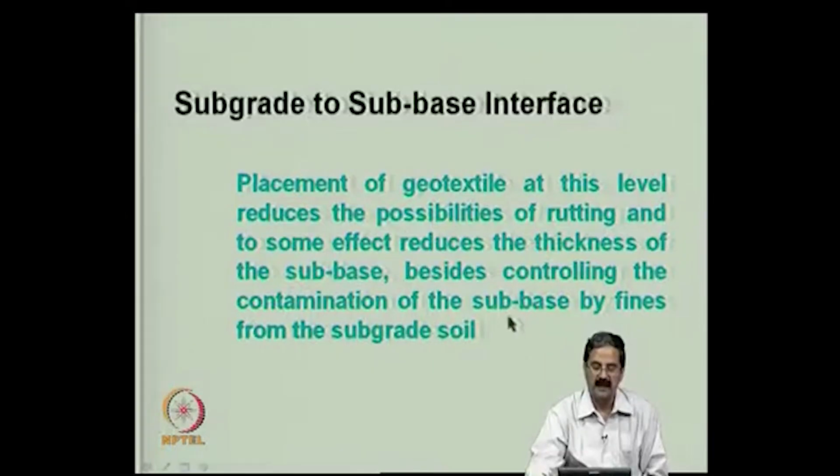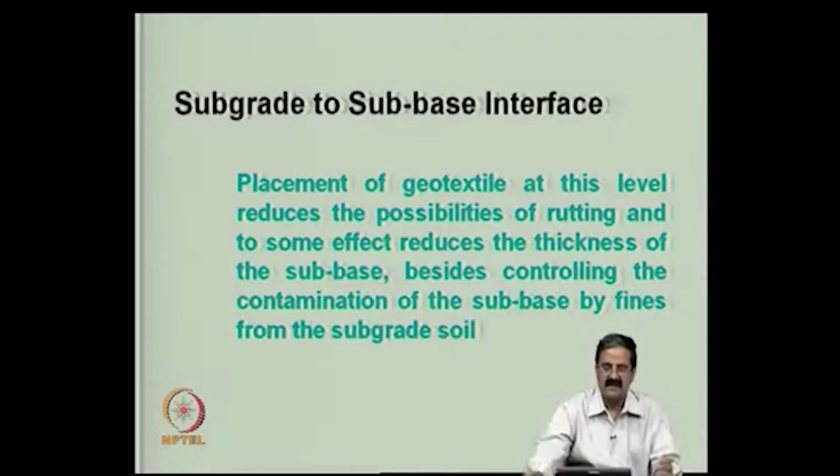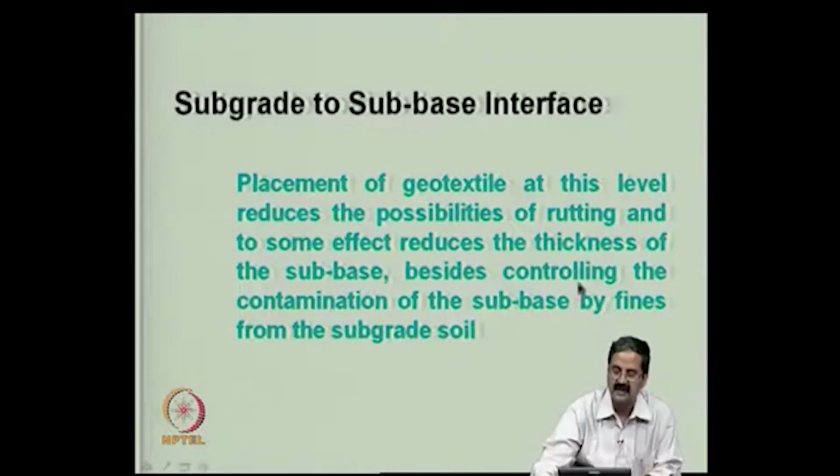So, rutting starts in the subgrade actually. You have all that sub base, and close to that, if it bends like this, the tensile strains are there, then it is likely that it leads to rutting, right.